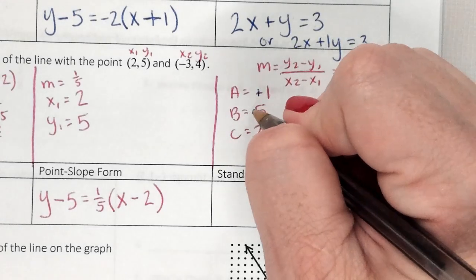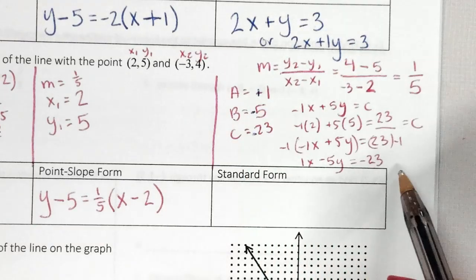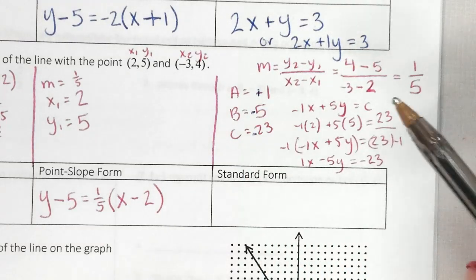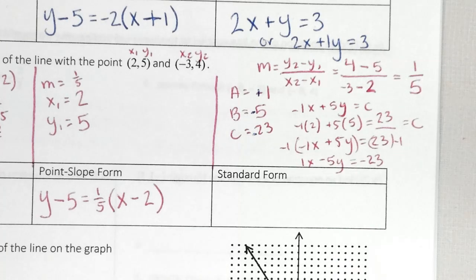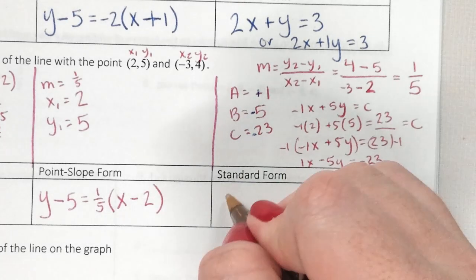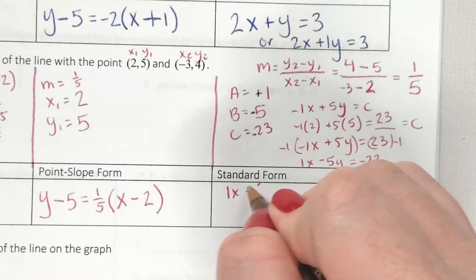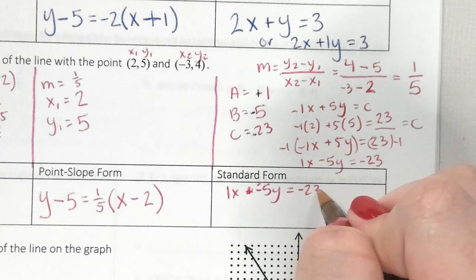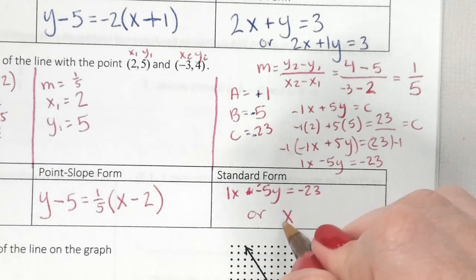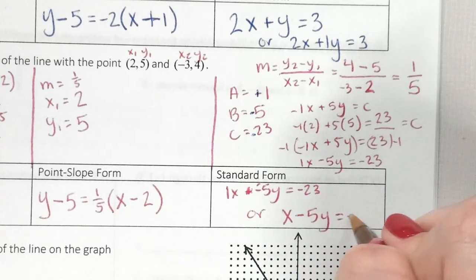Positive 1, negative 5, negative 23. Isn't that the same thing? So anytime you have a negative A, finish finding C, and then just make them all opposite. Okay? So we have 1x minus 5y equals negative 23, or x minus 5y equals negative 23.